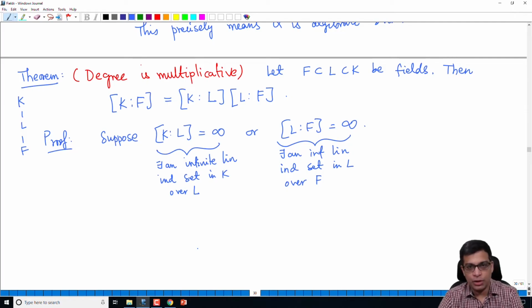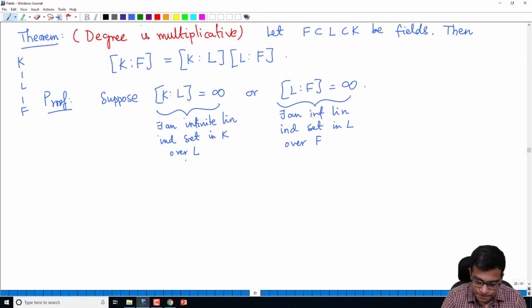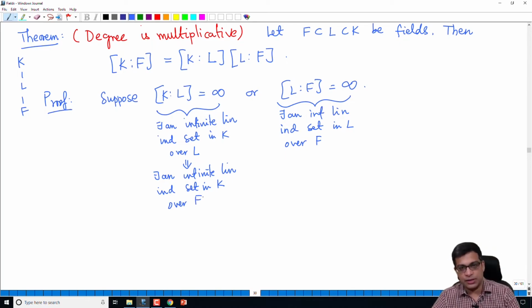That means there is an infinite collection of vectors in K which are linearly independent over L. Similarly, if L colon F is infinity, there is an infinite collection of vectors which are linearly independent over F. But that means there exists an infinite linearly independent set in K over F also in the first situation, because if the collection of vectors is linearly independent over L, they will be also linearly independent over a smaller field, because if some linear combination with coefficients in F gives you 0, that means those coefficients in F are also in the field L. So that is an L linear combination, but then there cannot be a non-trivial L linear combination.